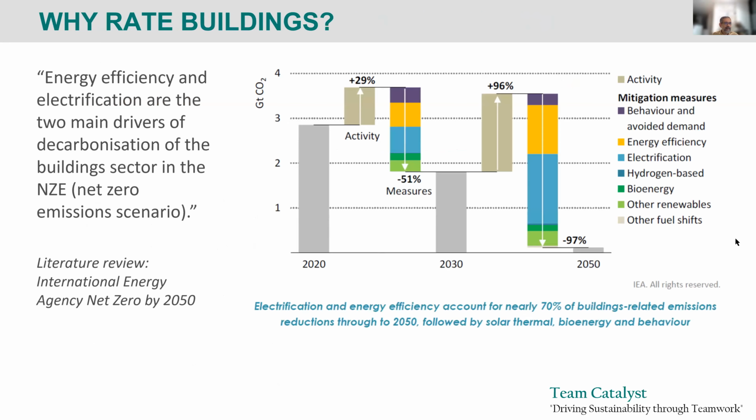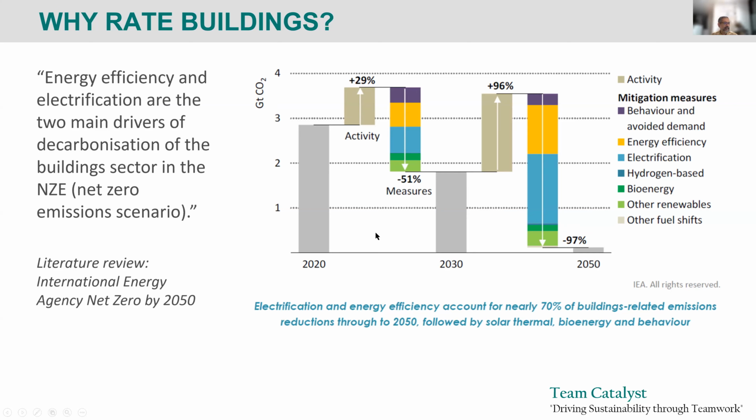It's the literature review here. You can see that they do suggest that our activity, which is going to use a lot more energy, is going to almost double by 2050. But we're going to be able to reduce our greenhouse emissions by 97%.